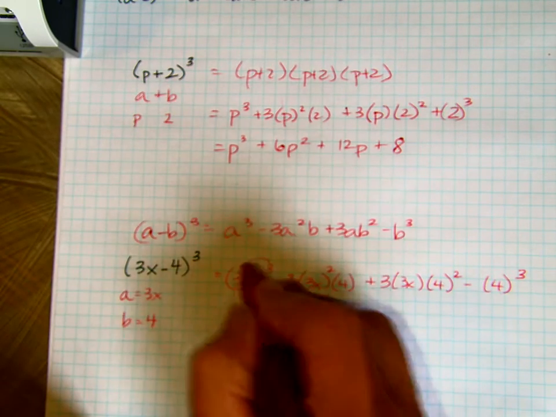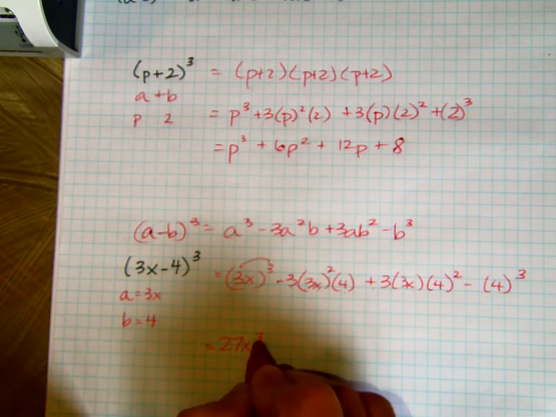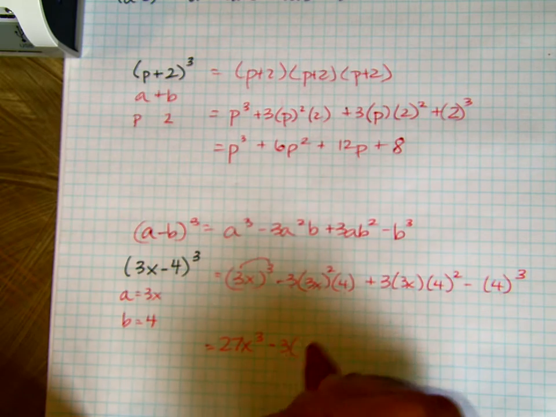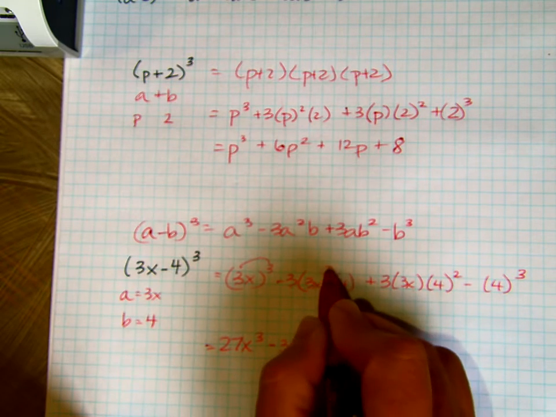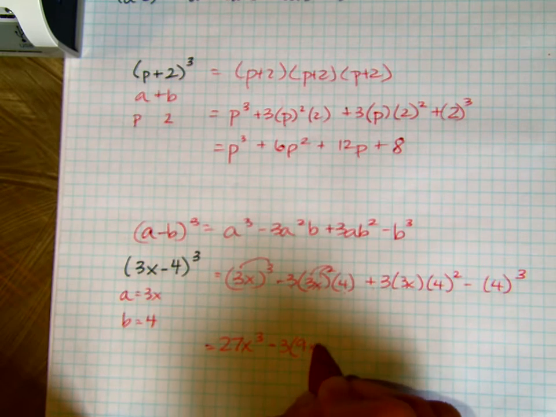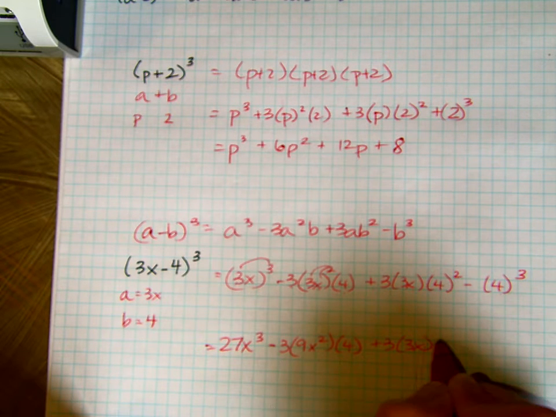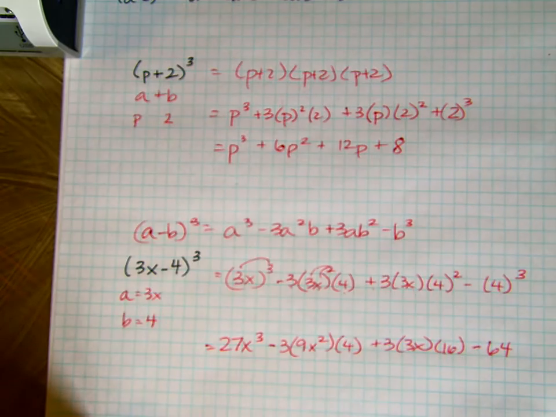So 3 cubed is 27x cubed minus 3, and I'm going to be deliberate, 3x, the quantity squared, that's 9x squared, plus 3 times 3x times 16, that's going to be 64.